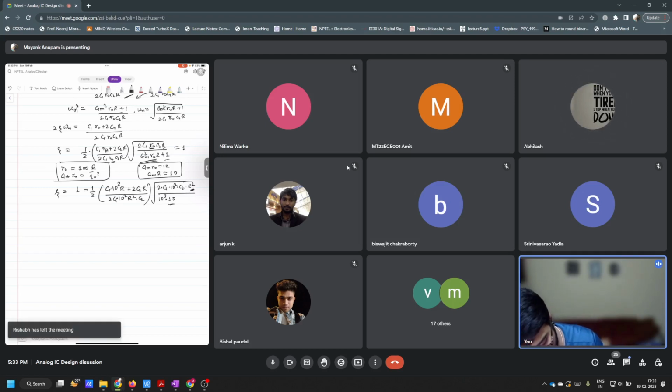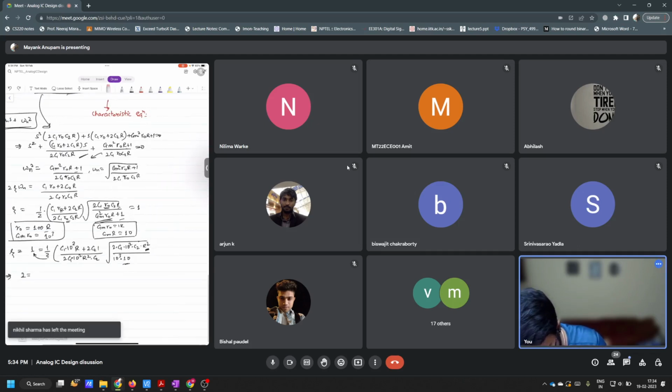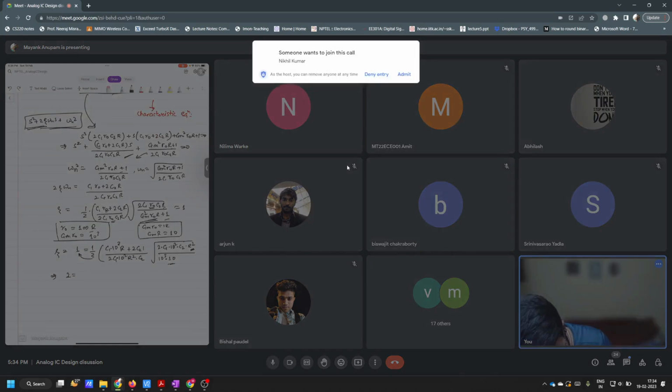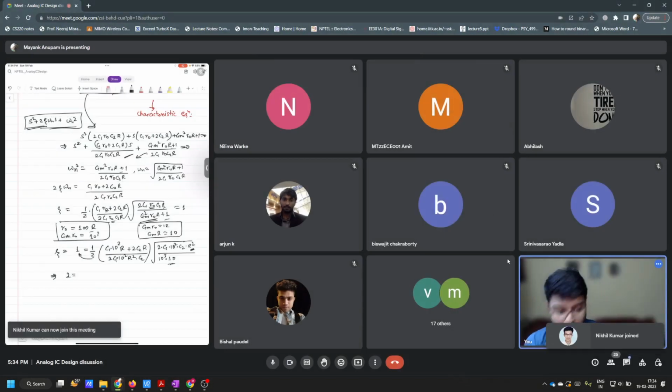Now let's simply solve it. So zeta is equal to 1, which is equal to 1 by 2. Let's push this 2 to this side. Make R common from here, and this R and 1 R cancel, okay?